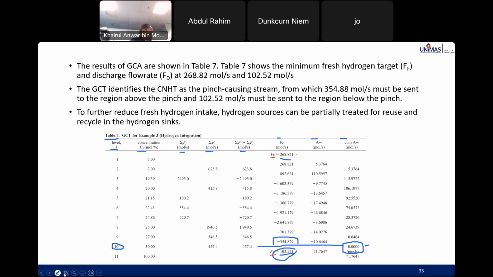The GCT identifies the CNHT as the pinch causing stream, with the flow at zero. This is the pinch, from which 354.88 mole per second, this value.